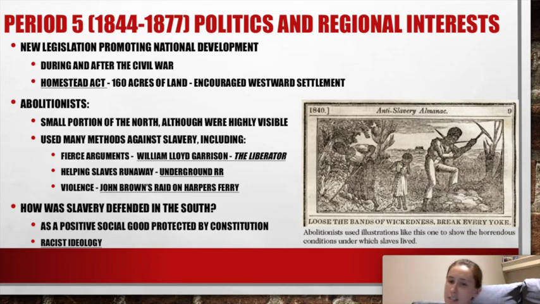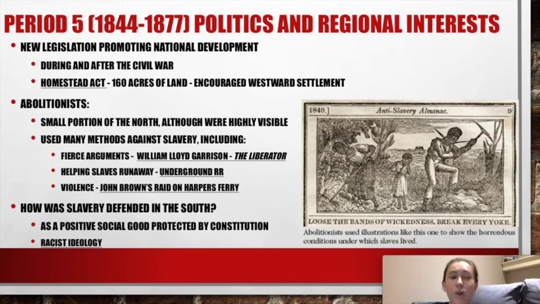As long as there's been slavery on this continent, there's been people who opposed that slavery. Now, during this time, that is going to increase and grow, however. Methods used by abolitionists really boil down into three major methods, as cited by College Board anyways.